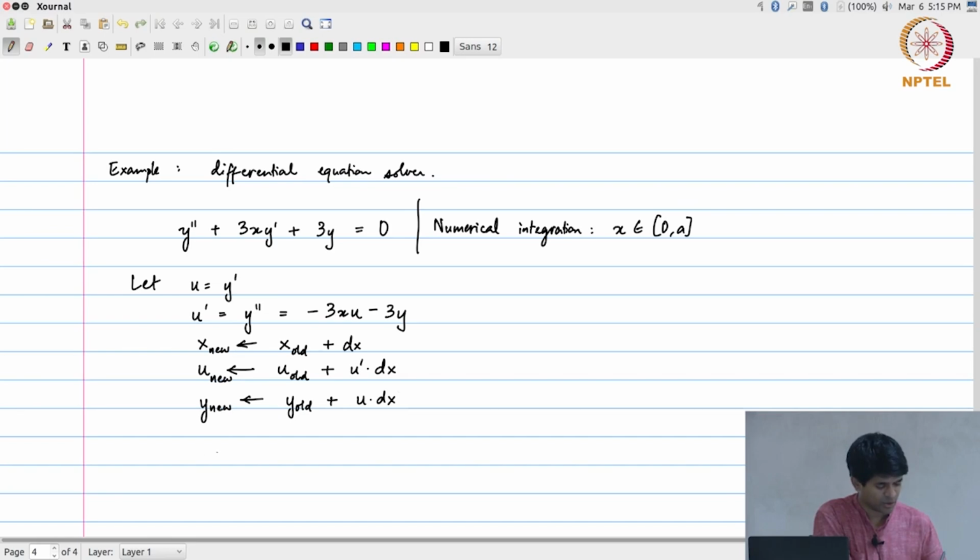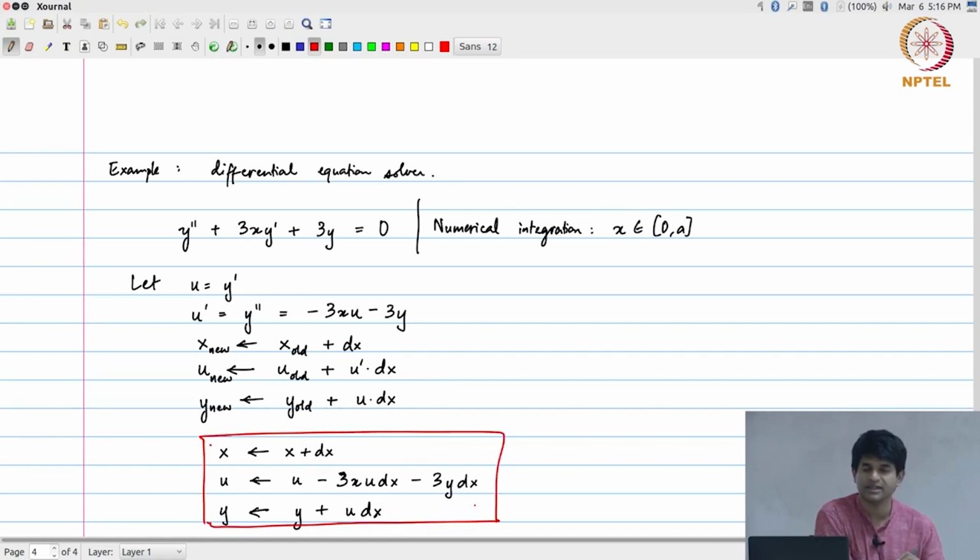The computations that I need to perform are: x gets the value x plus dx; u gets the value u minus 3xu minus 3y, or expanding this out, u minus 3xu dx minus 3y dx; and y gets the value y plus u dx. So, this corresponds to the set of 3 equations that I need to solve.